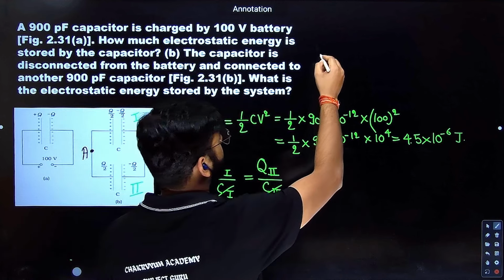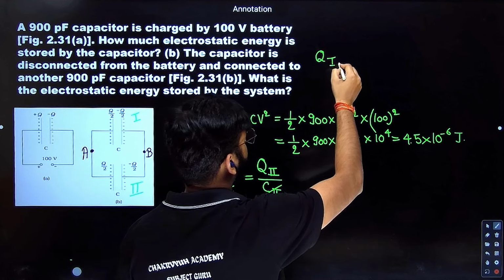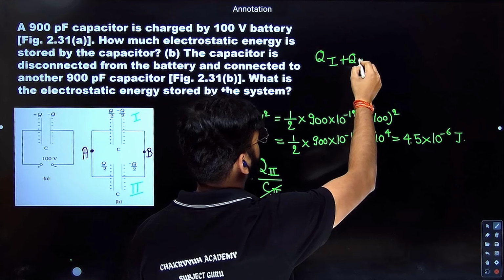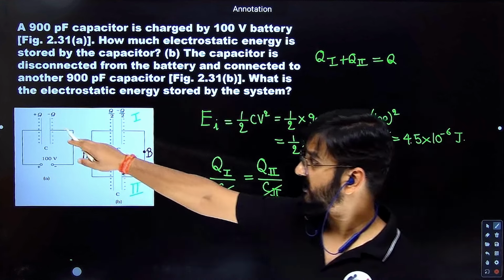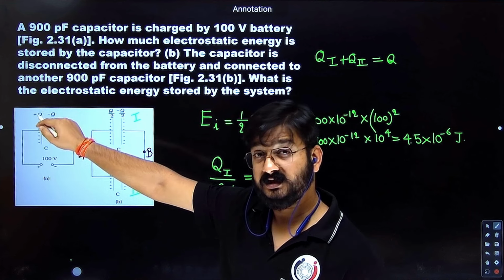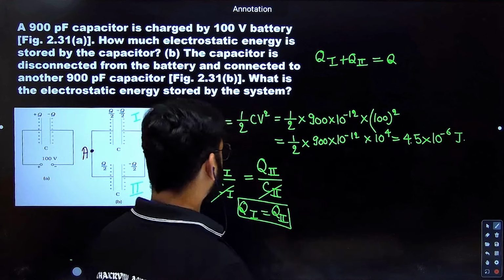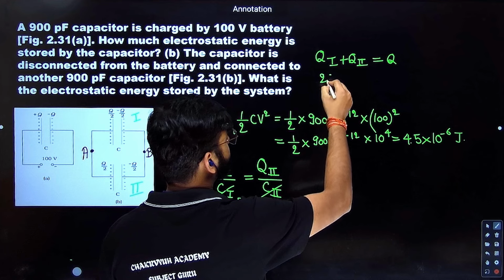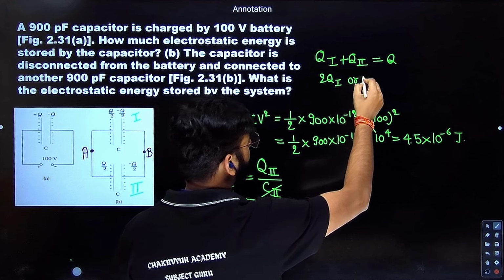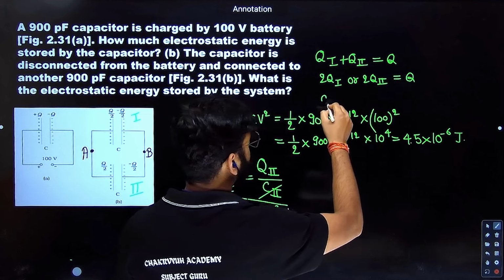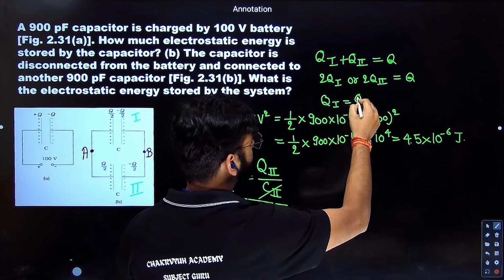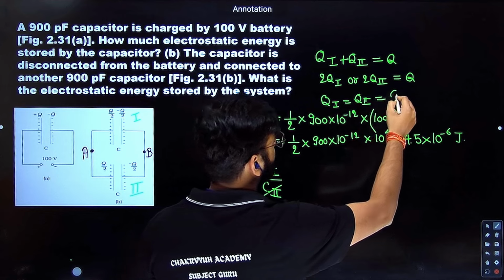So Q1 plus Q2 will be equal to Q. What is Q? The initial charge. So both of them are equal. So 2 times Q1 or 2 times Q2 will be equal to Q. So Q1 will be equal to Q2, which is Q by 2.